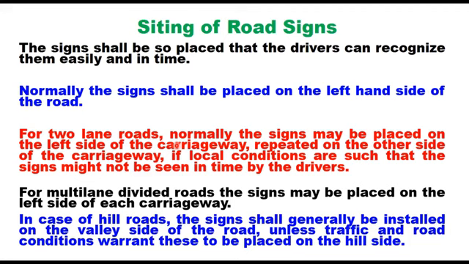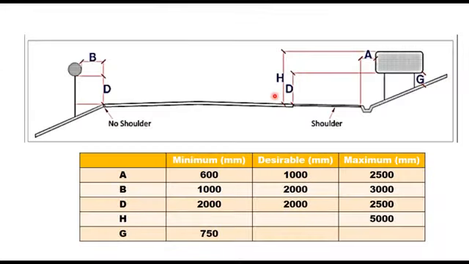placed on the hillside. On all roads, with or without curb, and with and without shoulder, the extreme edge of the ground mounted sign should at least be 600 millimeter, that is the distance A here, 600 millimeter, and can be up to 2.5 meter away from the pavement, from the shoulder edge.